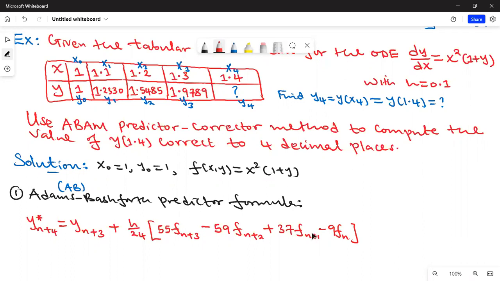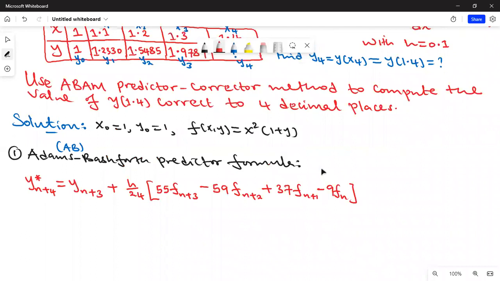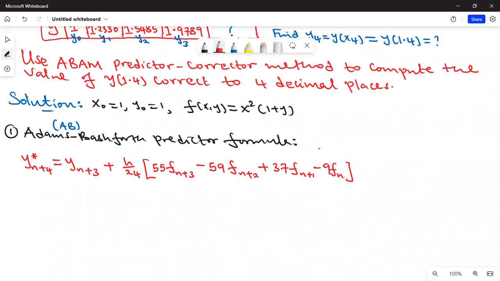Now, the corrector formula is that of Adams-Moulton. So number 2 is the Adams-Moulton corrector formula.